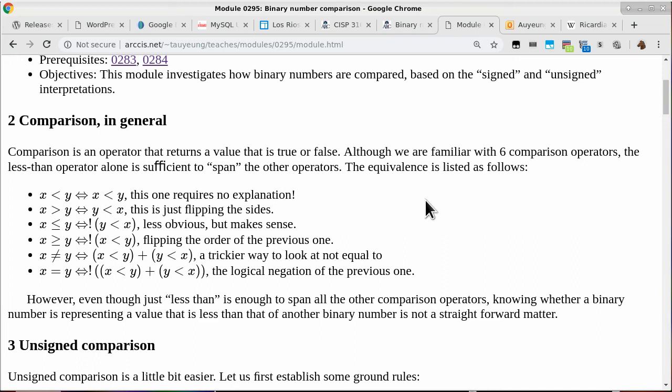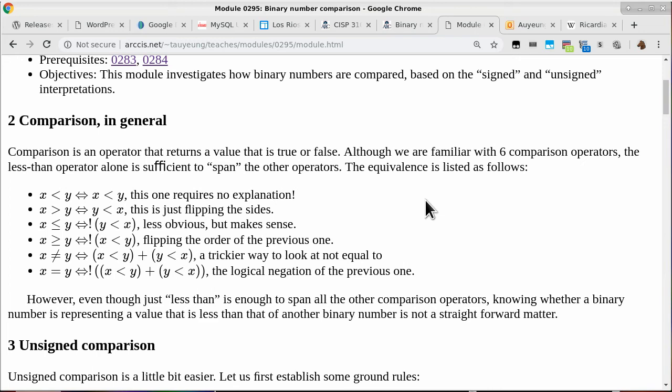Yes? What about being equal? Well, you're looking ahead of me. So the next one is not equal to. Not equal to, as it turns out, is easier to express than equal to, because if x is less than y or y is less than x, hey, then they're different.